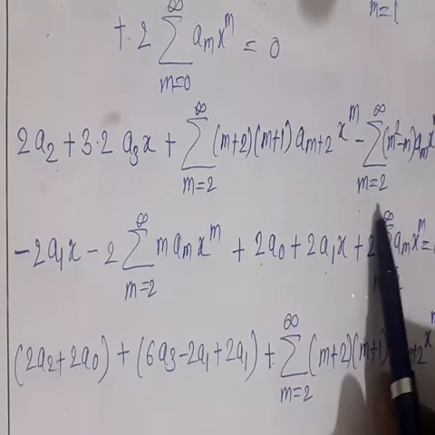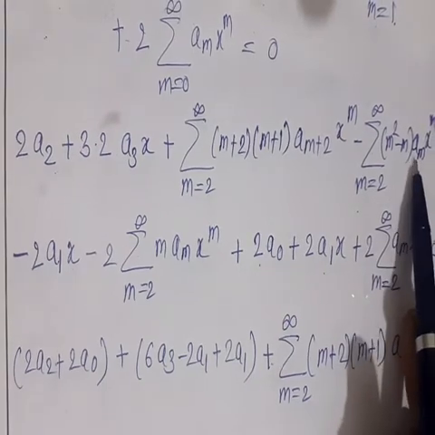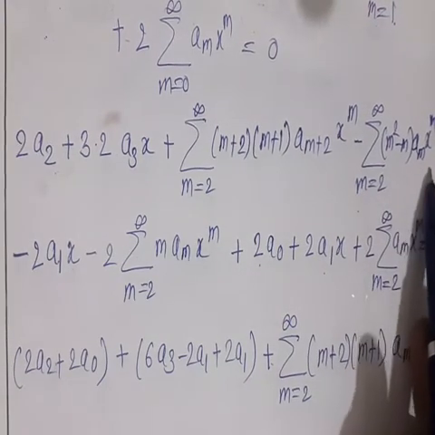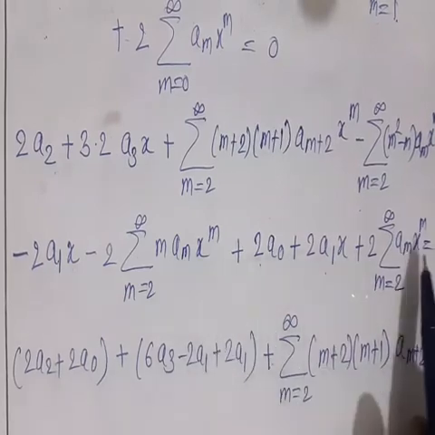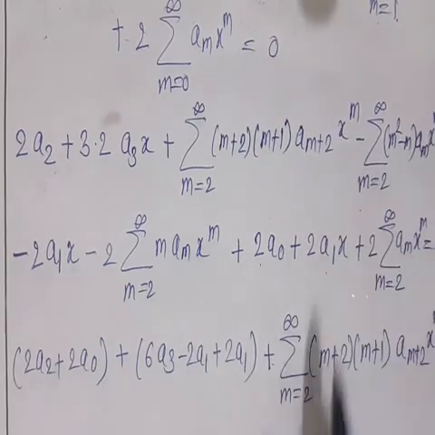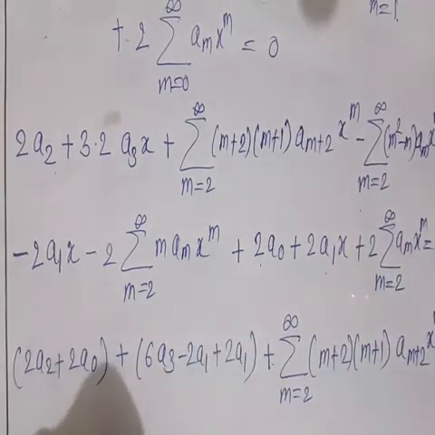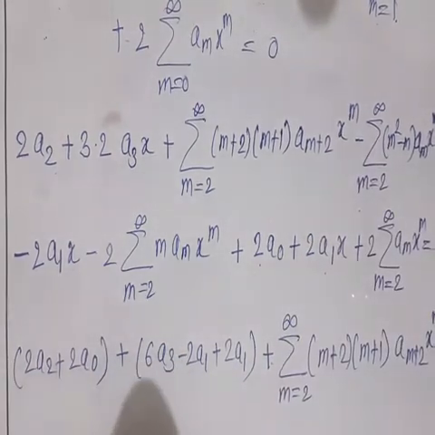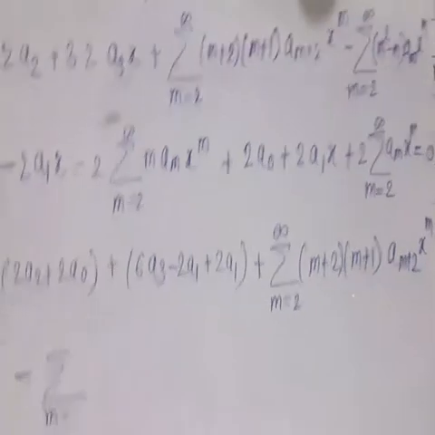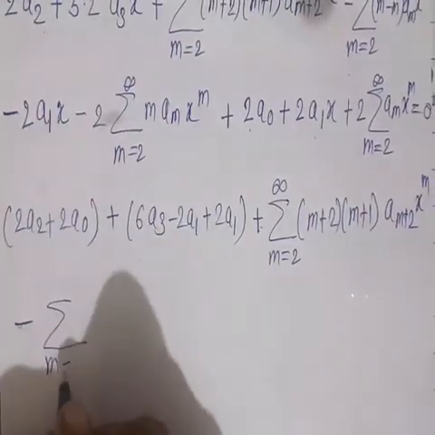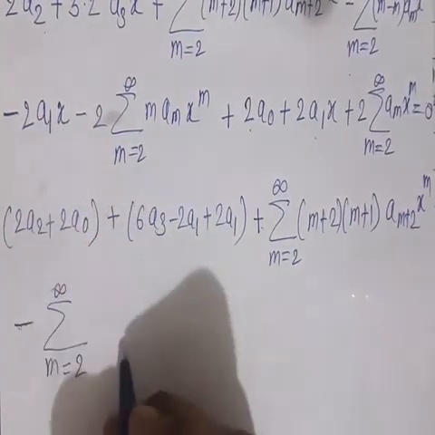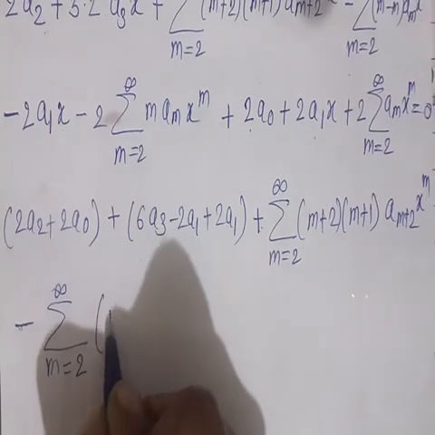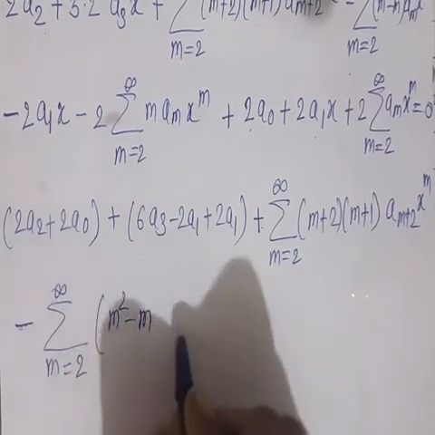Now if we observe the remaining summations, the coefficient is am x to the power m, am x to the power m, am x to the power m. So we combine all the remaining ones, and we can take minus outside. Minus outside, summation m is equal to 2 to infinity, it is m square minus m.